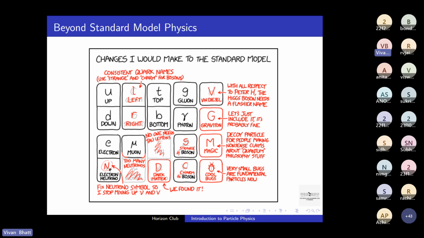The biggest experimental threat to the standard model right now is something called the magnetic moment of the muon. You might have heard about it as the G minus two anomaly.